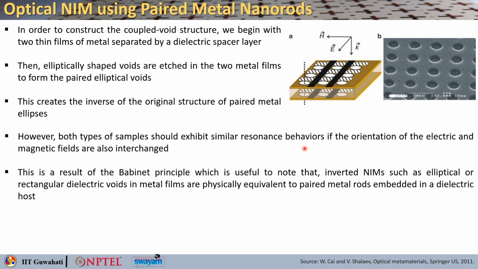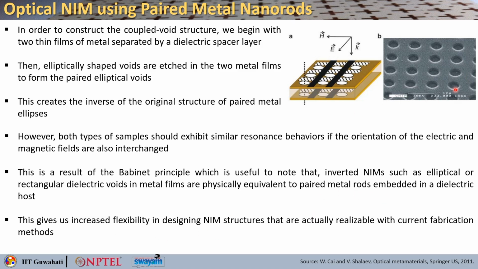What is useful to note here is that an inverted NIM, inverted negative index material, such as elliptical or rectangular dielectric voids that you can make in a metallic film, is physically equivalent to paired metallic rods embedded in a dielectric host. This gives us increased flexibility in designing NIM structures that are reliable using current fabrication methods, because this one becomes easier to make.